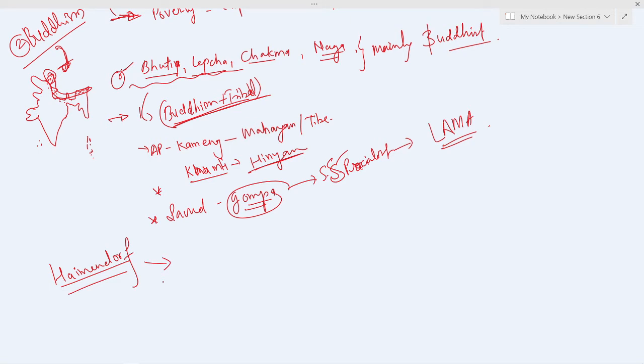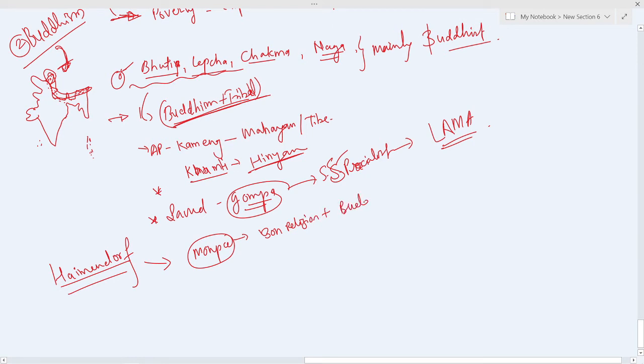And among the Monpas, elements of the ancient Bon religion also exist. If you talk about the Monpa, you'll find that the ancient Bon religion is there along with Buddhism, and practices which are currently practiced by Buddhists in the particular society.